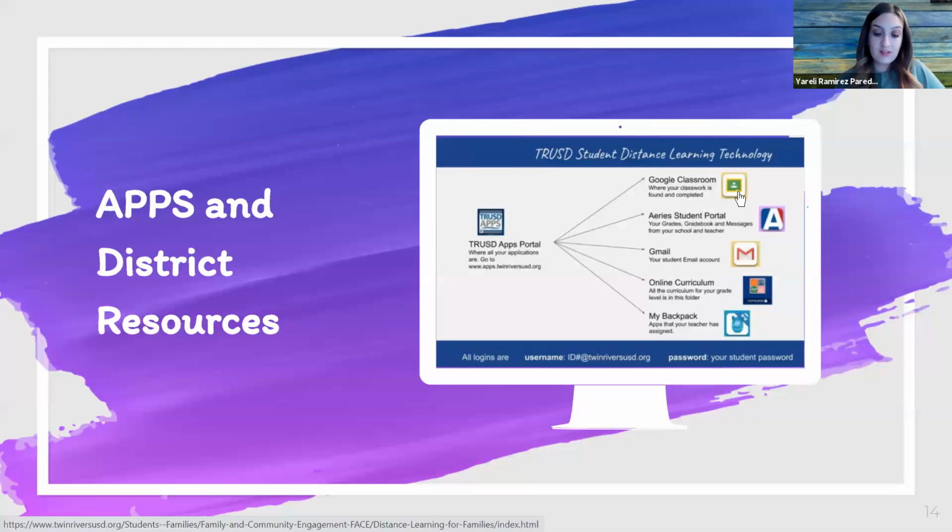Most of the assignments and resources may be found here, and students can turn in assignments on Google Classroom. The Aries Student Portal is where you can find grades or test scores, including the LPAC scores that Ms. Weber shared earlier.